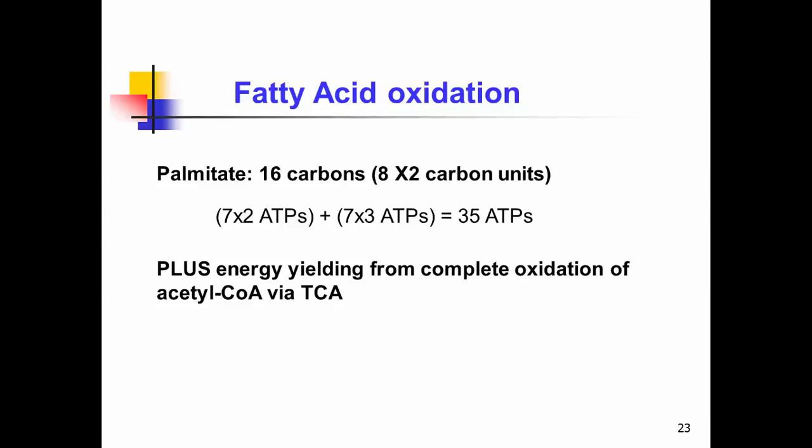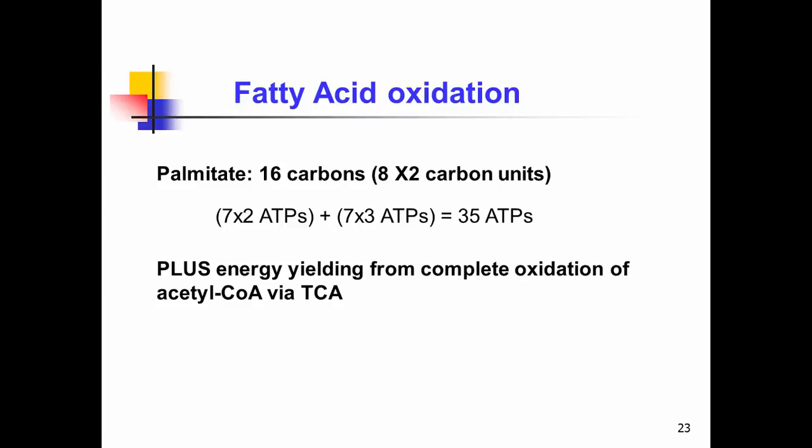So if we completely oxidize the palmitate, how many ATPs can we produce? This is the kind of equation that you calculate, right? So 35 ATPs can be produced from beta oxidation, just the beta oxidation.